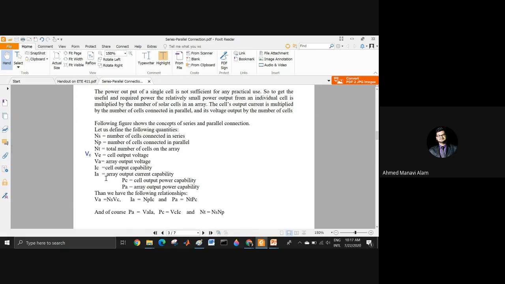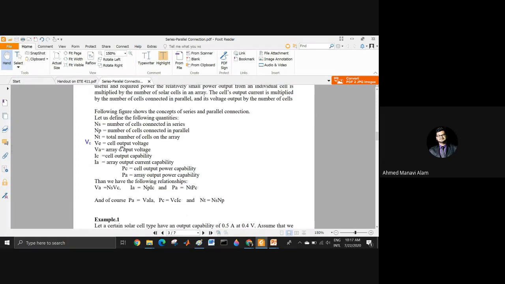Here this term will be Vc, the cell output voltage. Va is the array output voltage, Ic is the cell output current capability, Ia is the array output current capability, and so on. And here is Pc, cell output power capability, and Pa, array output power capability.